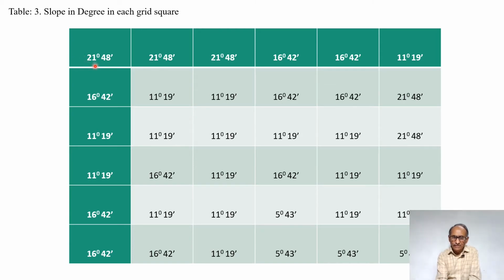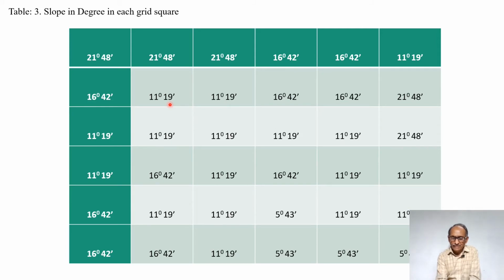So 21 degrees and 48 minutes means total 22 degrees. So you have to give 22 dots. Now in this case you will find this is 11 degrees and 19 minutes. Now here this number is less than half, or 30 minutes.